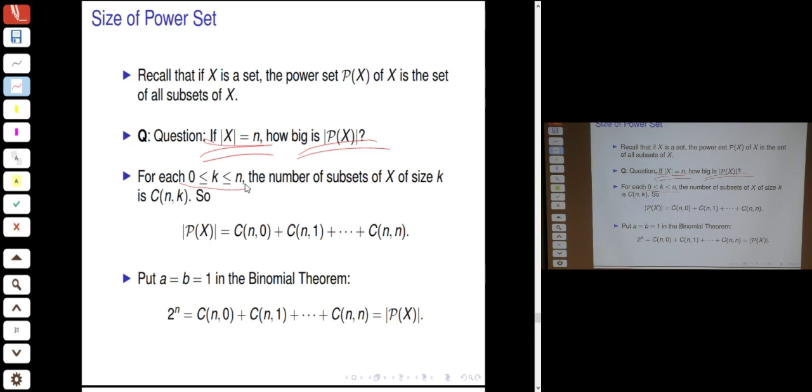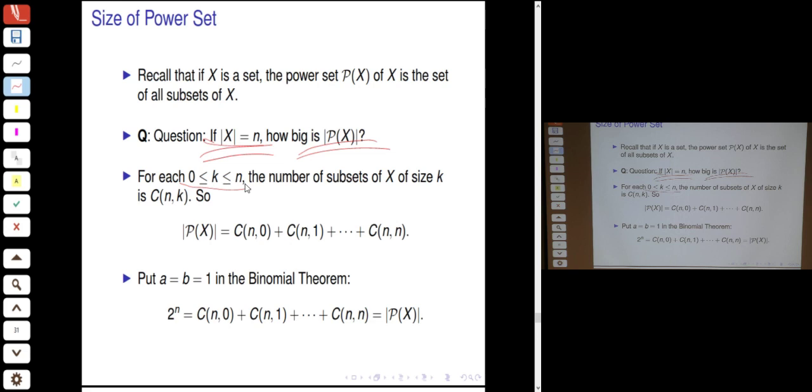So in order to count the total number of subsets of a set X, you can just count how many subsets there are of size 0, how many subsets of size 1 are there, 2, 3, 4, etc., and add those numbers up. Okay? You are just classifying the subsets by their size, counting how many subsets of a particular size are there, and then adding up these numbers.